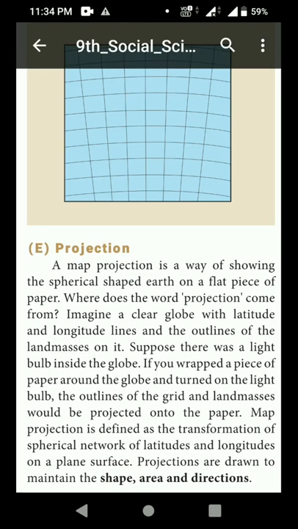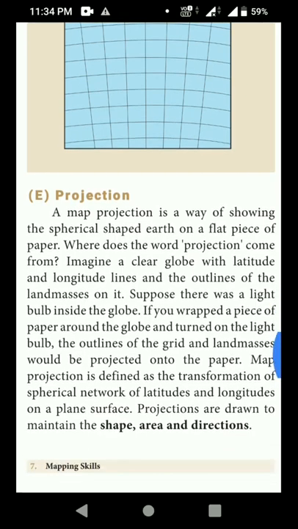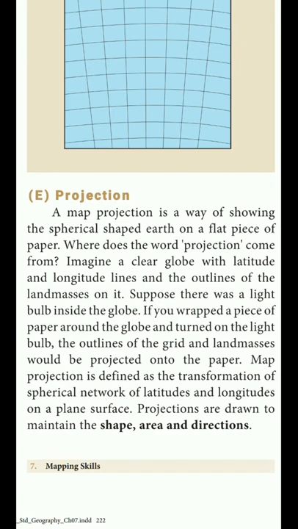Okay. Now we can see what is the meaning of projection. A map projection is a way of showing the spherical shaped earth on a flat piece of paper. What do you mean by projection? Projection means a map projection is a way of showing the spherical shaped earth on a flat piece of paper.